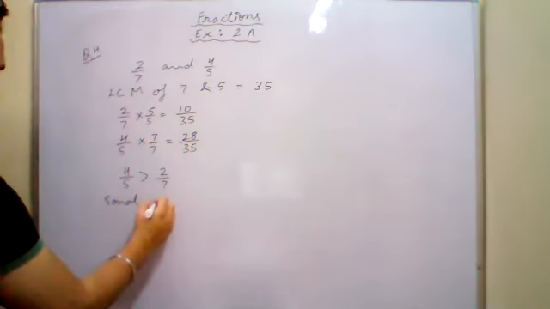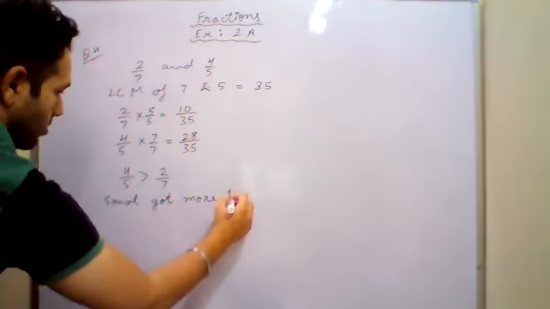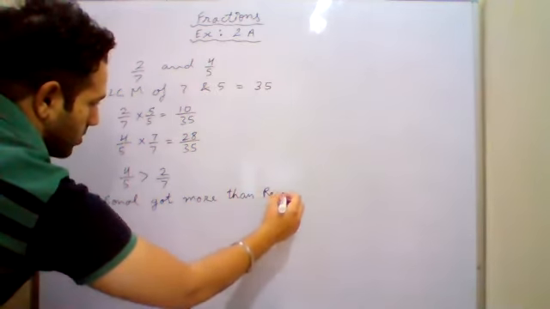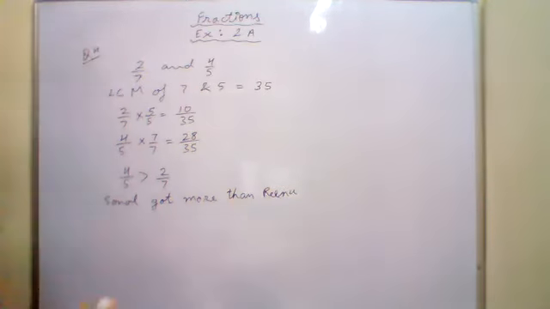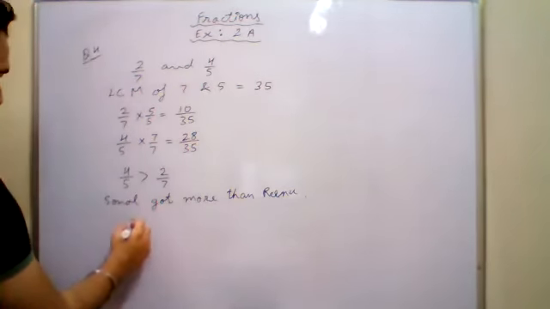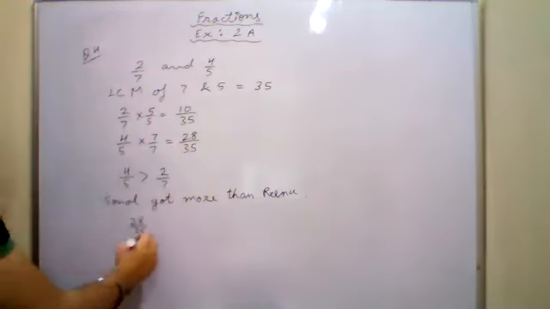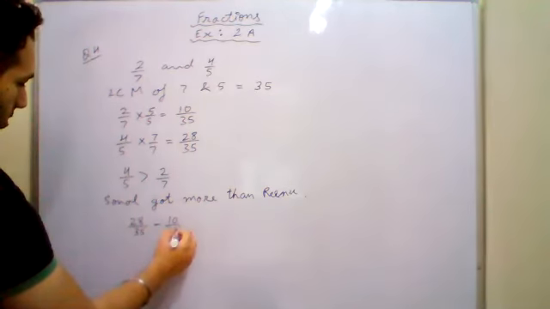Sonal got more than Reenu, first of all. And now what is the कितना ज़्यादा मिला है Sonal को? To find this, you will find the difference of the two numbers. 28/35 convert करने के बाद ये आया था minus 10/35.